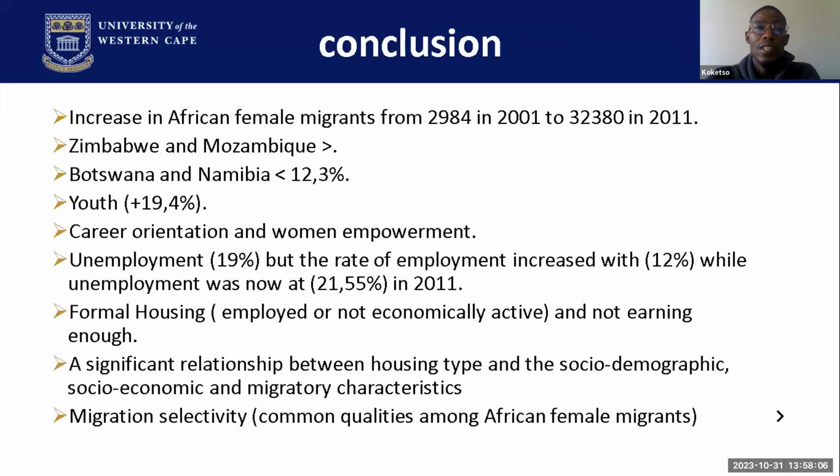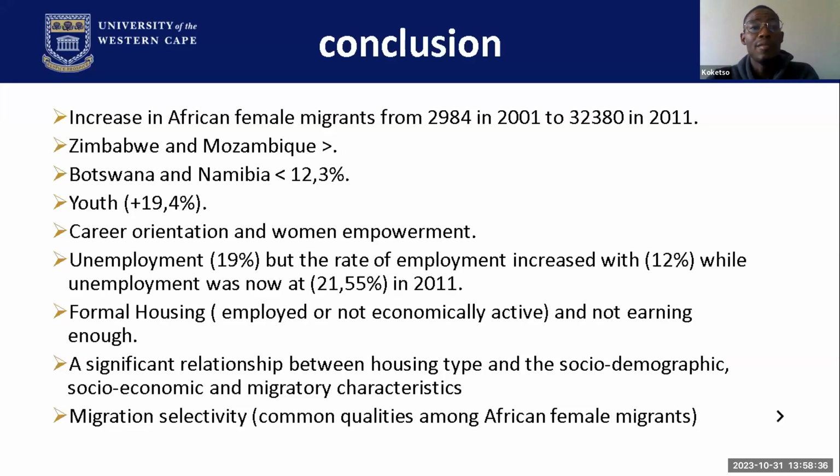Now, in conclusion, we saw that there has been an increase in the African female migrant population from 2001 to 2011. Most of these migrants were coming from Zimbabwe and Mozambique, and Botswana and Namibia contributed a much smaller population.